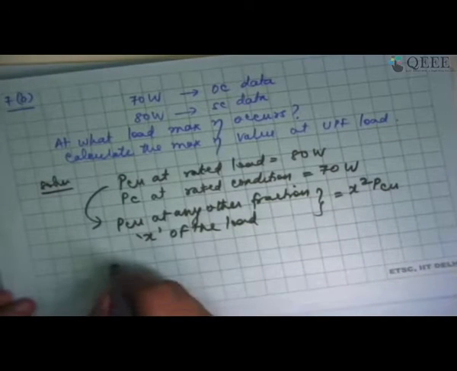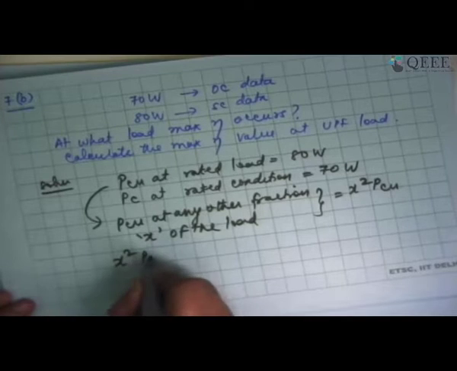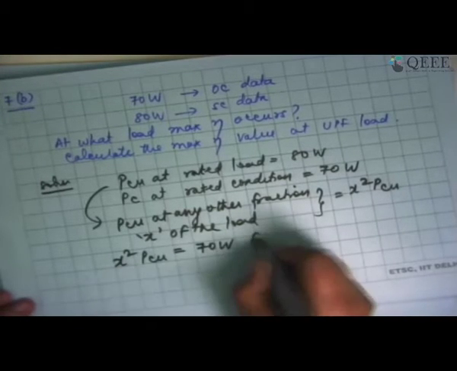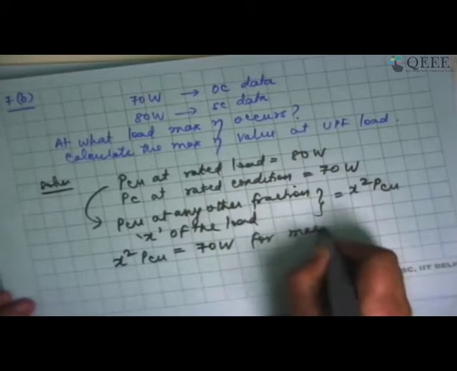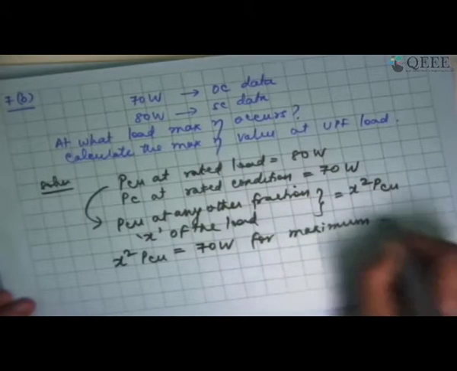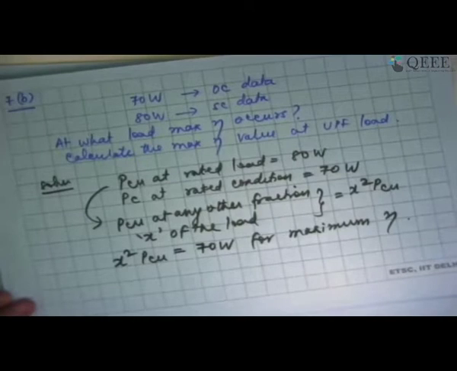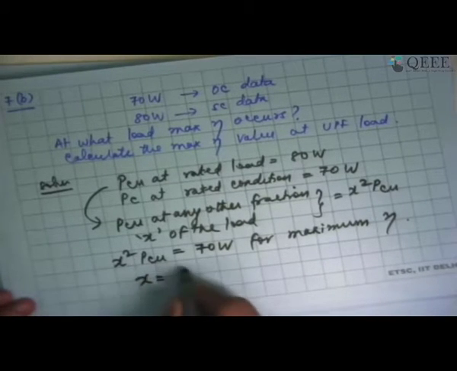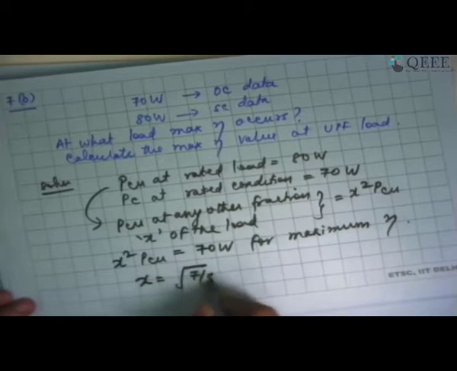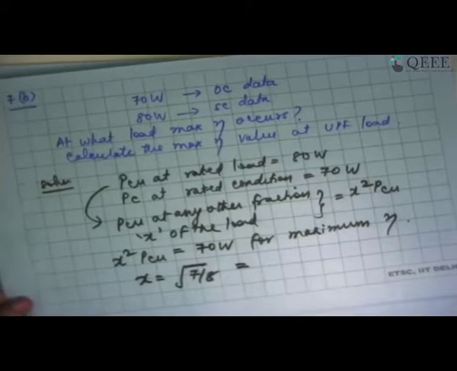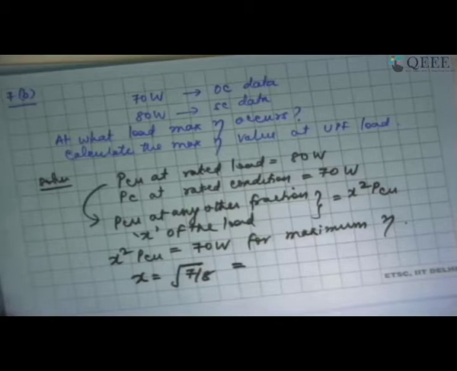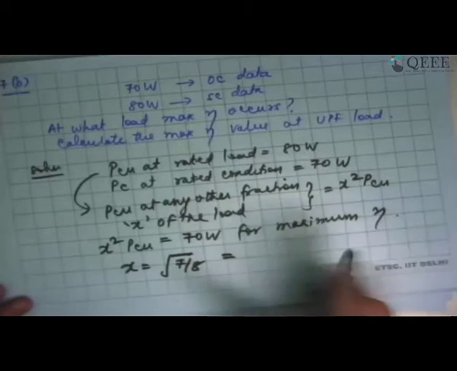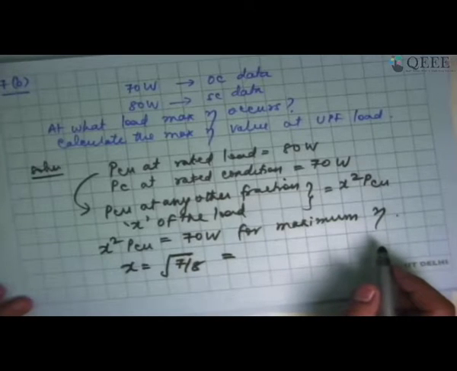So I can say x square times PCU equal to 70 watts for maximum efficiency. Right? So I can say x equal to root of 7 by 8. So you can calculate what is x, and that is the load at which the efficiency is going to be maximum.